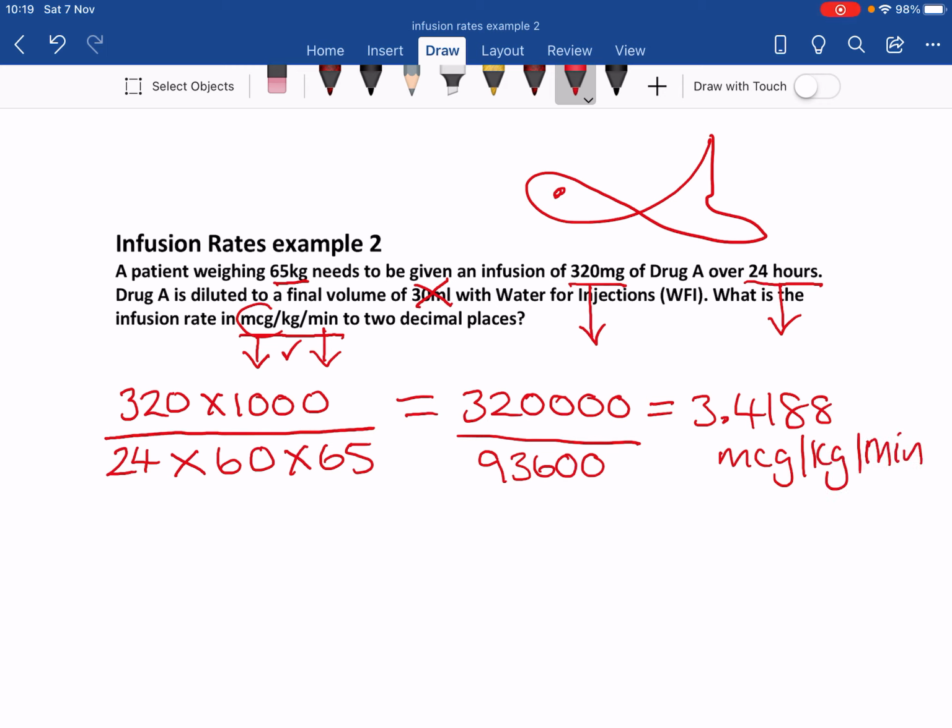We also need to be careful to read the question. It wants the answer to 2 decimal places, so this rounds up to 3.42, and that's our answer.